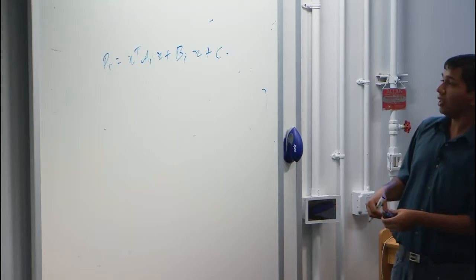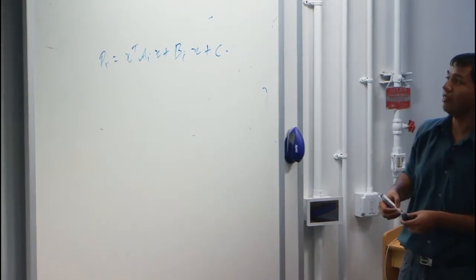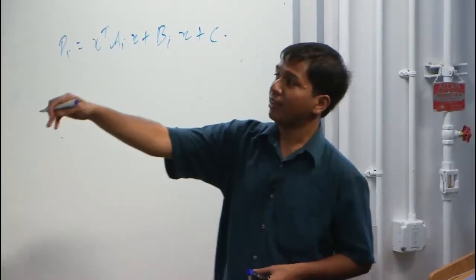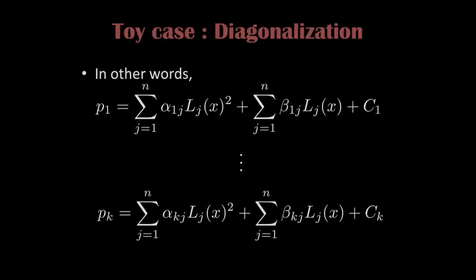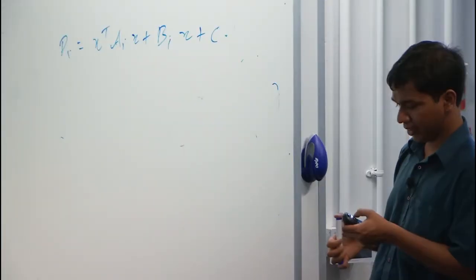And then it means if they are diagonalizable in the same basis, then you can write Pi as summation alpha ij Lj(x) square plus beta ij Lj(x) plus Ci, where the Lj(x) are the linear forms which diagonalize the matrices Ai. And they're all diagonalizable in the same basis.